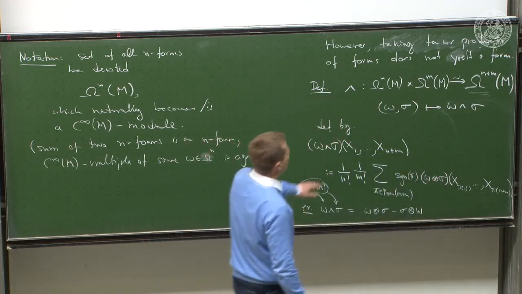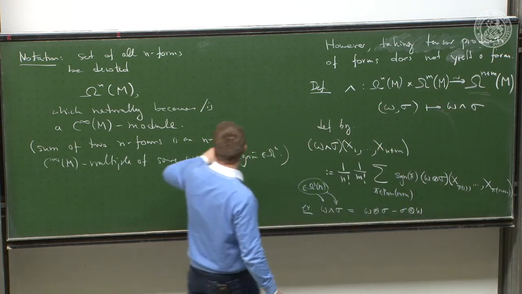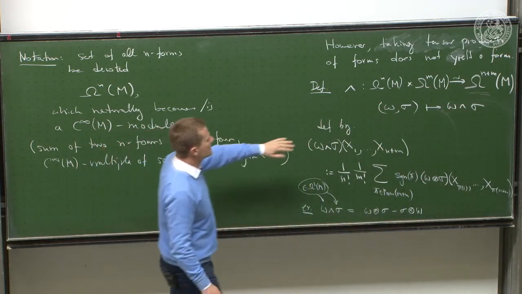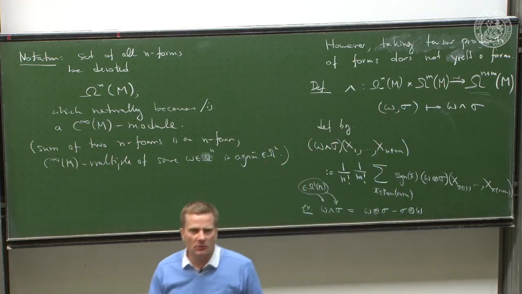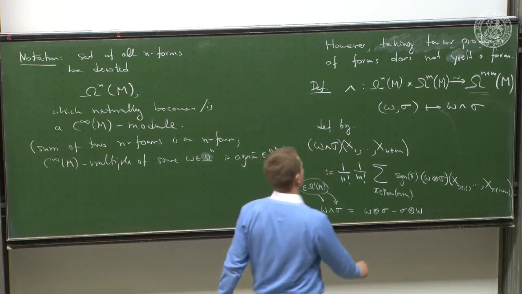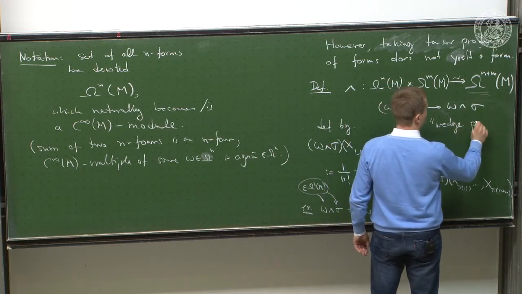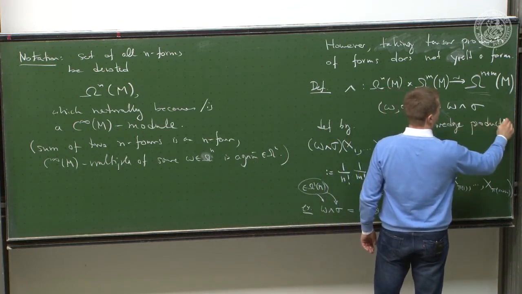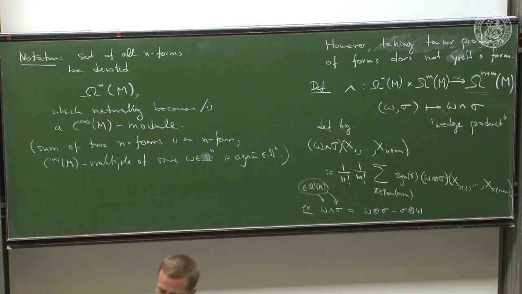So it's a bilinearity, but because we're dealing with C-infinity(M) modules, this must be a C-infinity(M) bilinearity. There's no doubt about that. Okay, so we have this wedge product, so-called wedge product, or exterior product. Some people call it the exterior product.